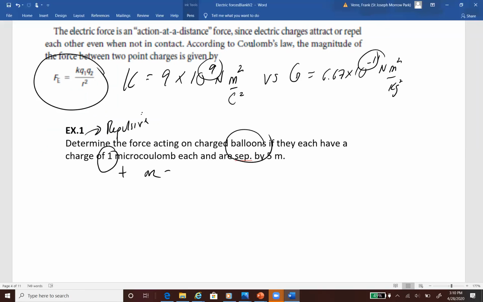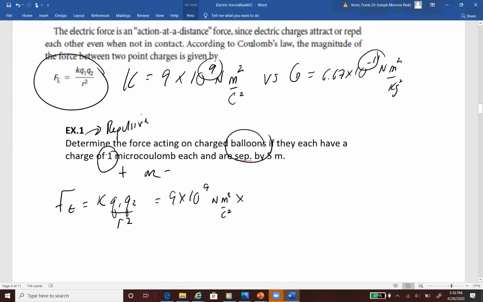So let's do this. The electric force is a function of K times charge 1 times charge 2 over r squared. So K is 9 times 10 to the 9 newton meters squared per coulomb squared times Q1 times Q2.